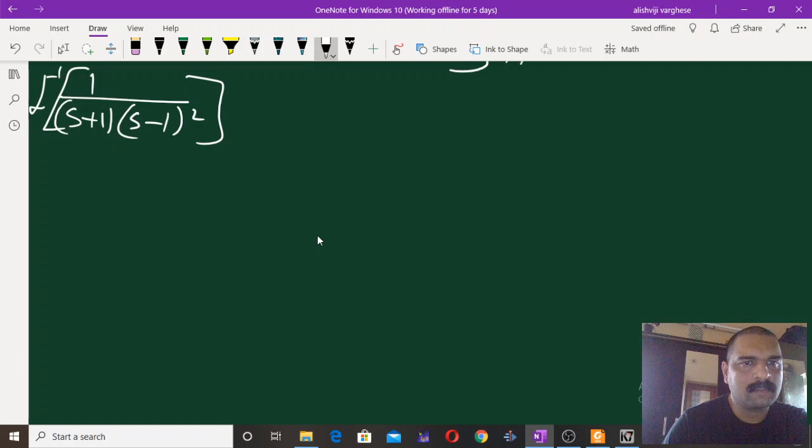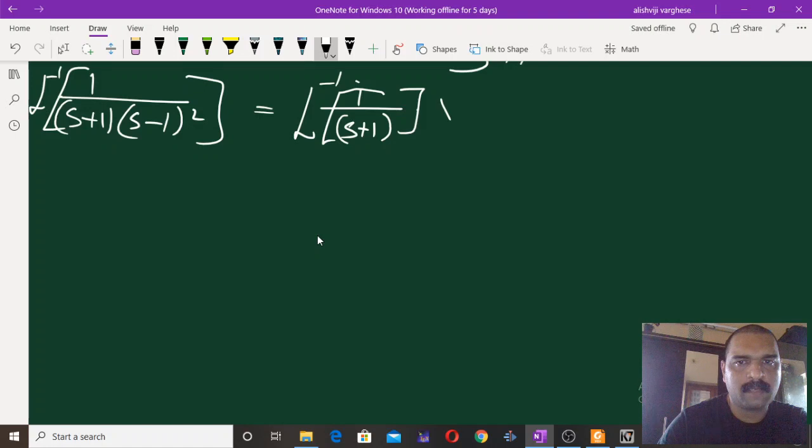Anyhow, we are just going to use the inverse convolution theorem to find the inverse of this particular function, and for that it is L inverse of 1 by s plus 1, taken as one function, convolution, the inverse Laplace transform of 1 by s minus 1 the square, and this is equal to the convolution of two functions.